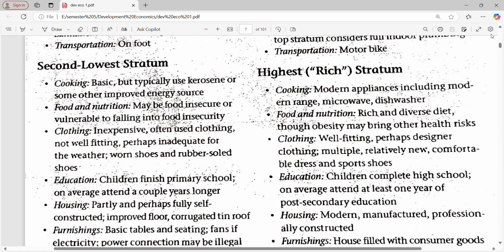So, transformative progress is possible here. In this fourth stratum, for the poor to improve their living standards, a transformative progress. For example, in China, rapid economic growth enabled families to move from rural poverty to urban prosperity within a generation.